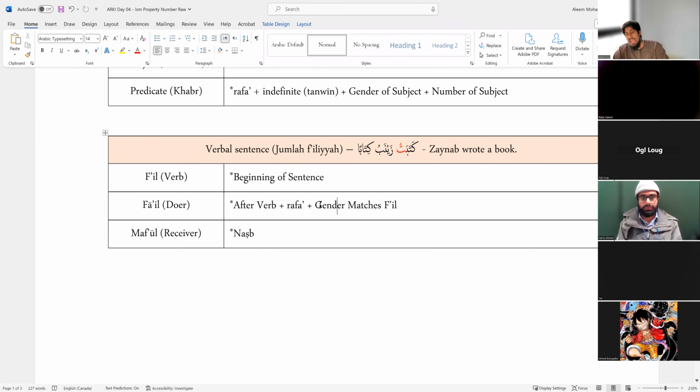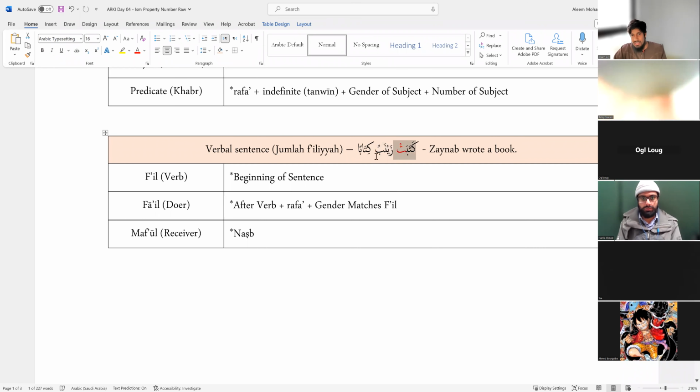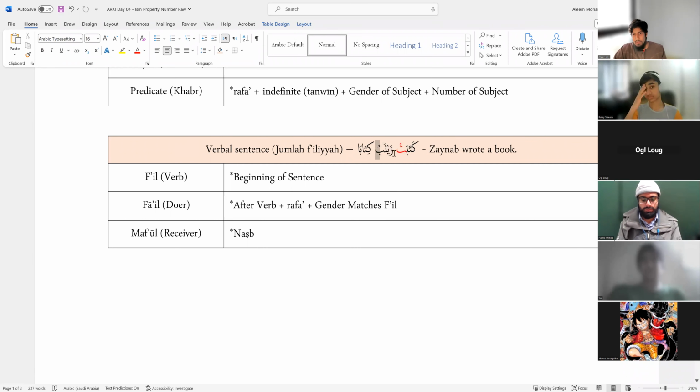And one thing I wanted to add is that the gender must match as well, right? Your verb must match your fa'il in gender. So in this example here, Zainab, she's female. Because of that, the verb itself must be made female, right? Simple concept there. So they have to match, just like the mubtada and khabar have to match.